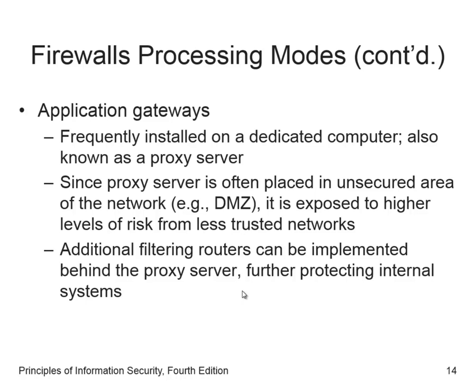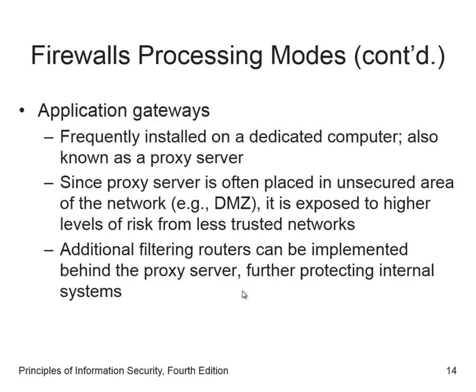Since the proxy server is often placed in an unsecured area of the network, or in the DMZ area, it, rather than the web server or the web services, is exposed to the higher levels of risk from the less trusted network.